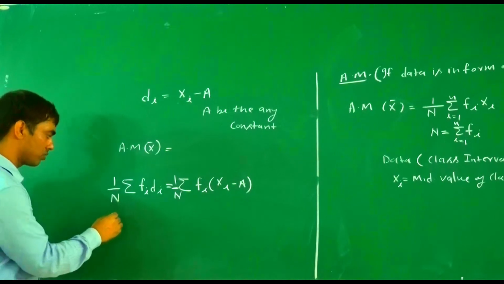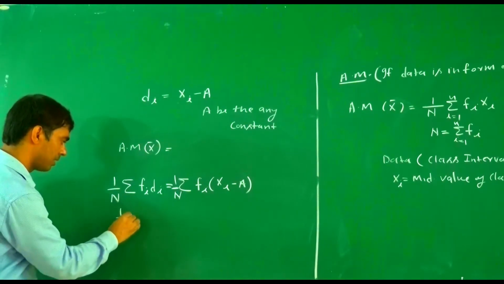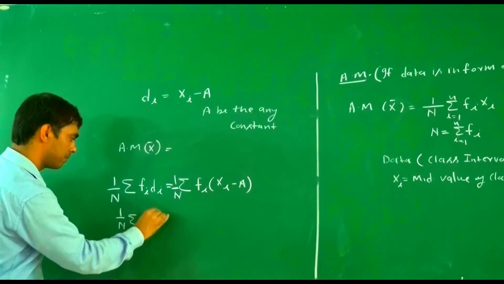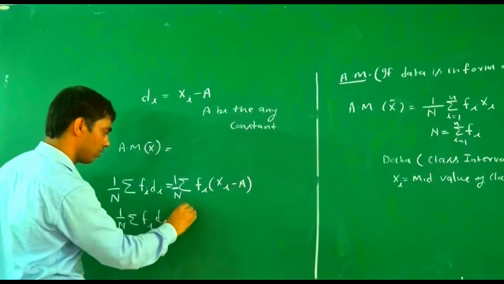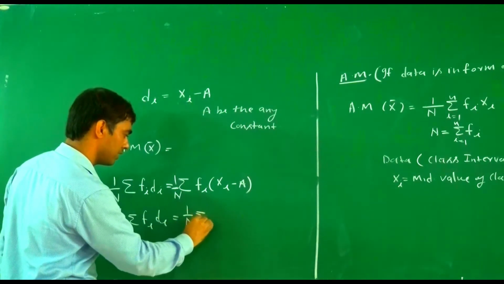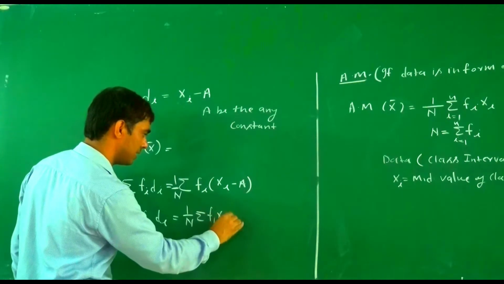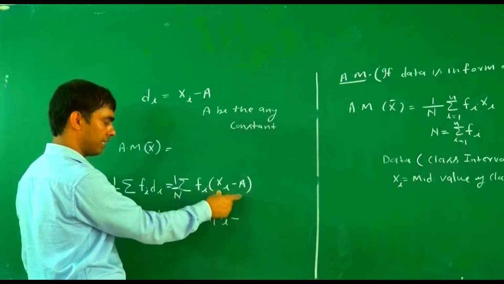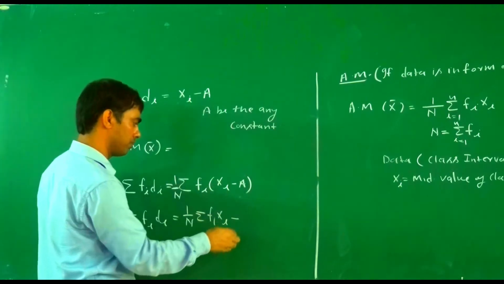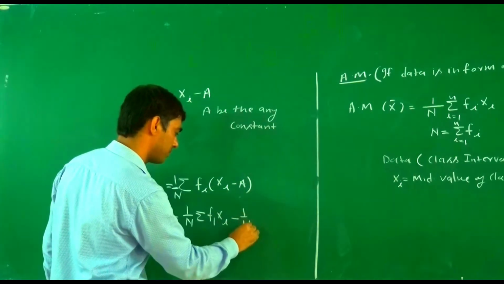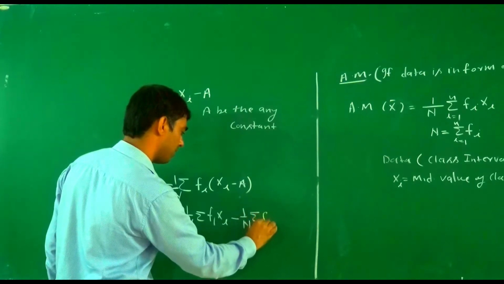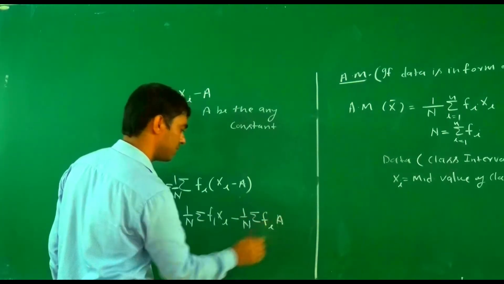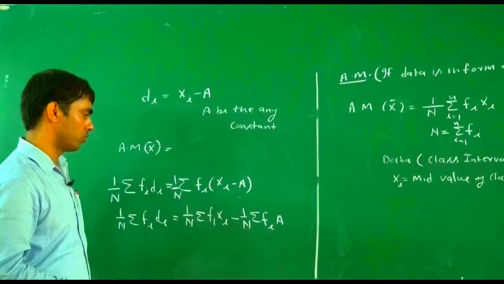So if we simplify this one, then 1 upon N summation of fi di equals 1 upon N summation of fi xi, minus, if you open this bracket and operate the summation, 1 upon N summation of fi into a. a is a constant, so a comes outside.